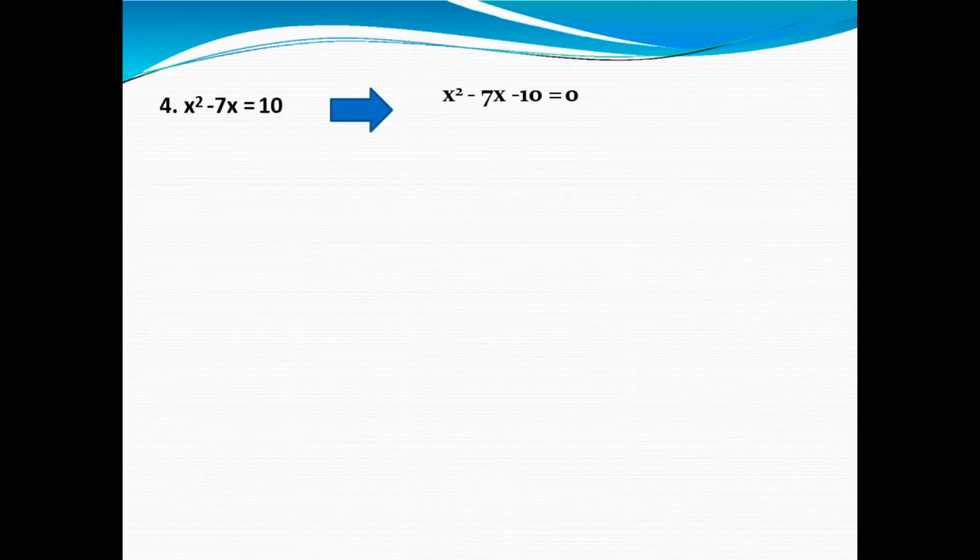We have x squared minus 7x is equal to 10. This is not yet in the standard form, so transforming it becomes x squared minus 7x minus 10 is equal to 0. Naming our a, b, and c, we have a is equal to 1, b is equal to negative 7, and c is equal to negative 10.